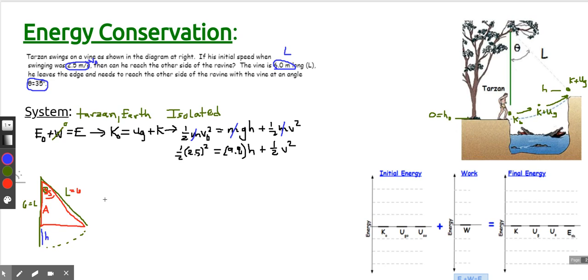So a lot of times in physics, we need another relationship to be able to solve. And a lot of times we just end up adding line segments. So let me show you what I mean here.